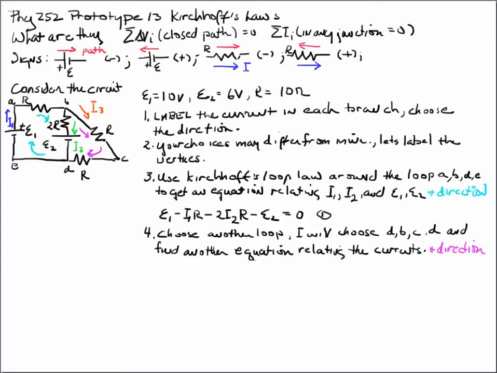Now choose another loop. You don't have to choose the same one I choose. I will choose the loop D, B, C, and back to D, and find another equation relating the currents along that loop and the direction. Now I've chosen the direction. Once again, I'm going clockwise around that loop.